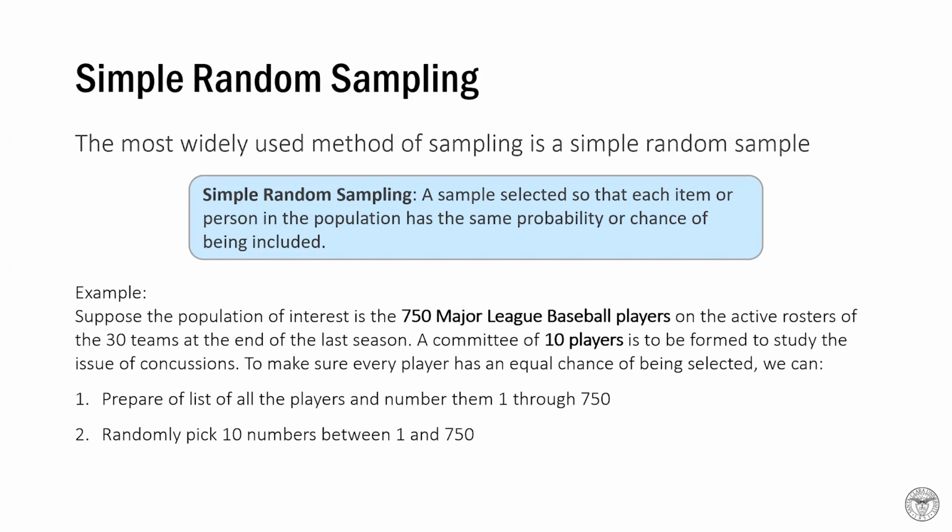In this example of selecting 10 players out of the 750 Major League Baseball players, we may prepare a list of all the players and number them 1 through 750, and then randomly pick 10 numbers between 1 and 750.